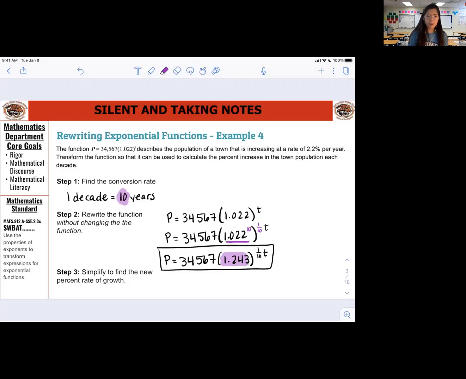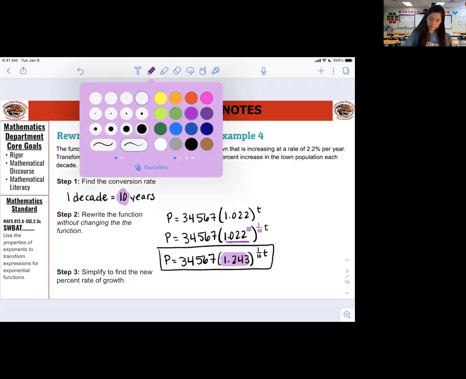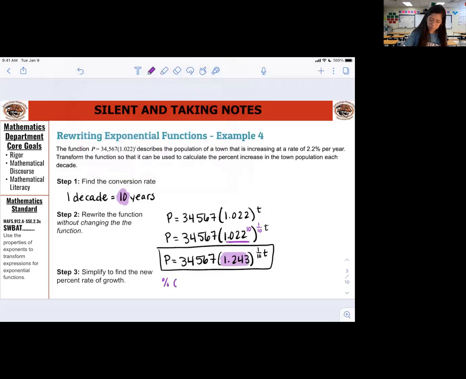So what is the new percent rate of growth per decade? 0.243, which is 24. Okay. Oh, I could barely hear you, Ajira. Can you get a little closer to your mic?